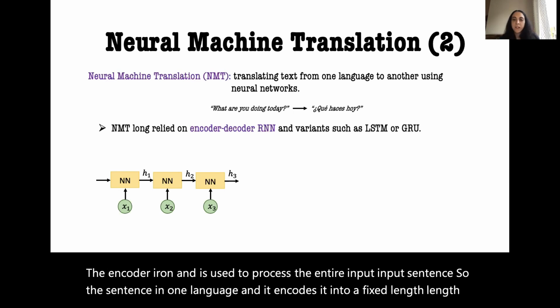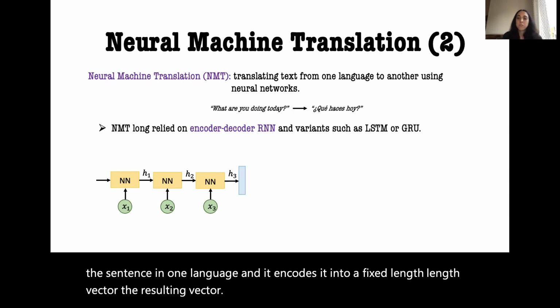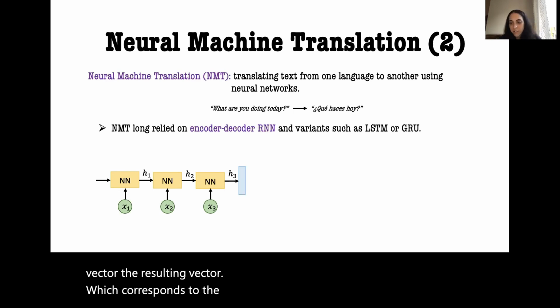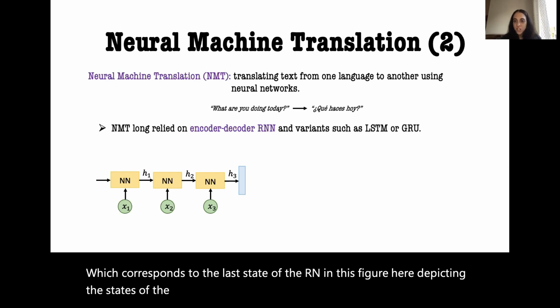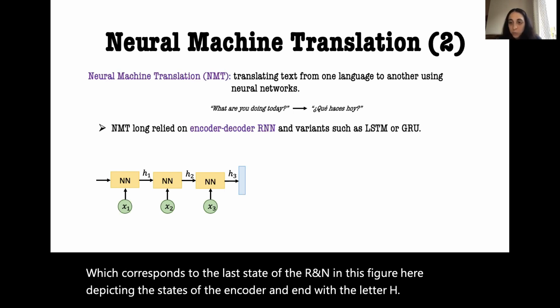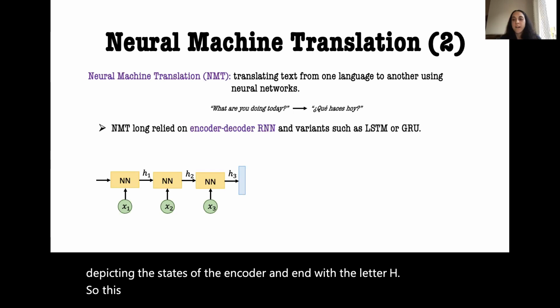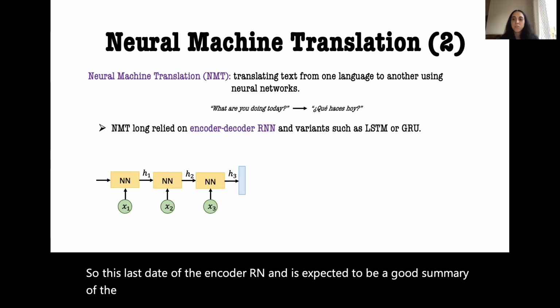The resulting vector corresponds to the last state of the RNN, in this figure depicting the states of the encoder RNN with the letter H. This last state of the encoder RNN is expected to be a good summary of the input sentence and is used as initial state for the decoder RNN.